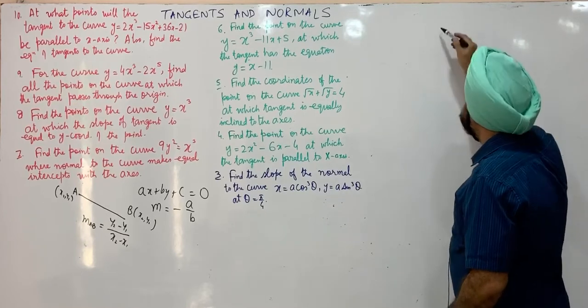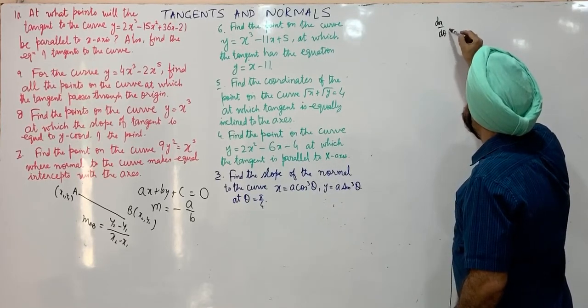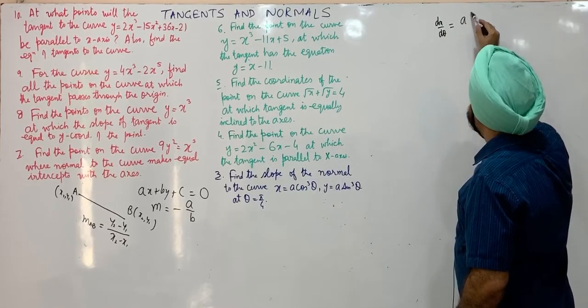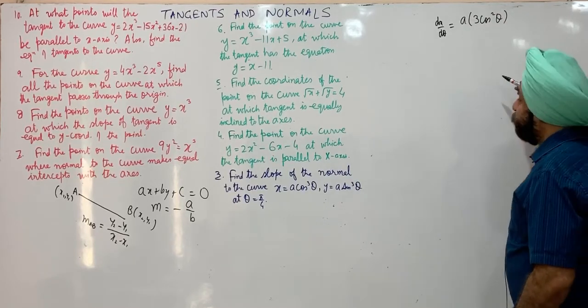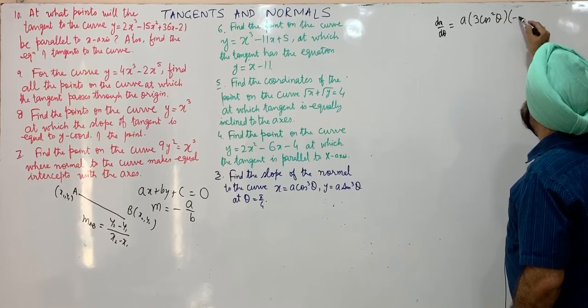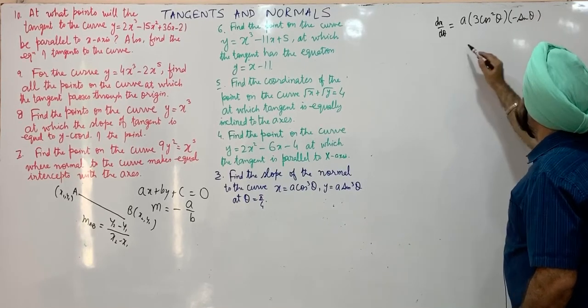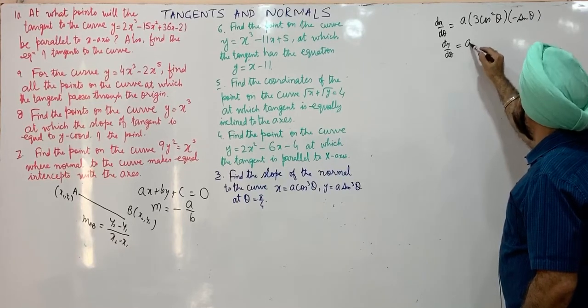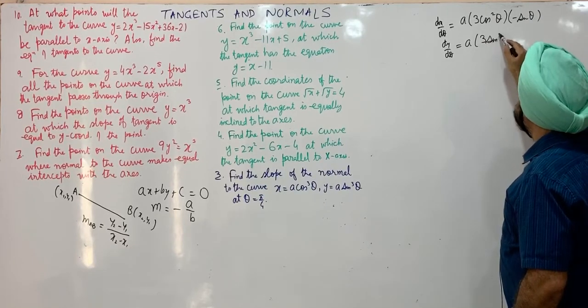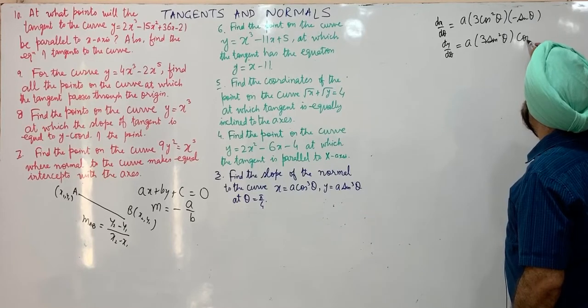So we find dx/dθ, which is a into 3 cos²θ into the derivative of cos θ, which is -sin θ. And we find dy/dθ, which is a into 3 sin²θ into the derivative of sin θ, which is cos θ.